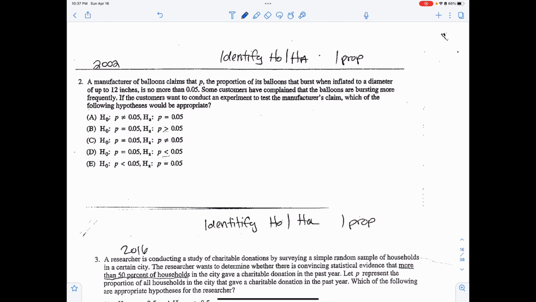A manufacturer of balloons claims that P, the proportion, so here's the claim. The proportion of its balloons that burst when inflated up to 12 diameter is no more than 0.05. So my H0 is going to be P is equal. That's always my H0, P is equal. My Ha is always P is either less than, greater than, or not equal to.